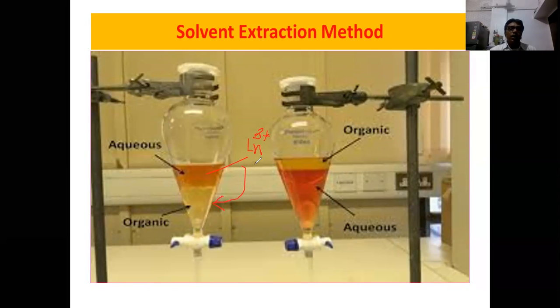Those ions which have the smaller ionic size are going to form the stable complex first in the organic phase, so they are extracted from the aqueous phase into the organic phase first. And we can separate that lanthanum complex by a simple elution process.